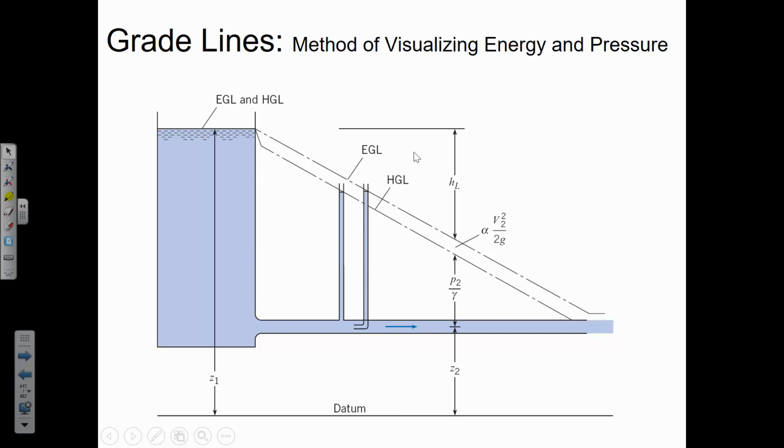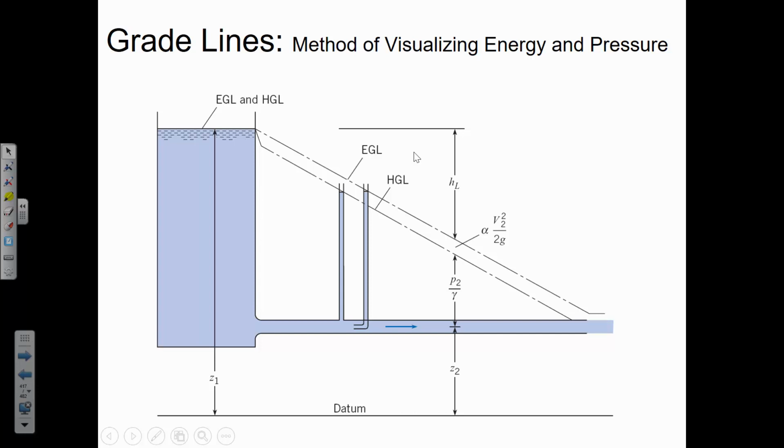And in this figure shown on the screen, the lower dashed line is the hydraulic grade line. And you'll notice that the energy grade line is above the hydraulic grade line. The gap distance between the two is equal to the magnitude of the velocity head, indicated here as alpha times V2 squared divided by 2g.